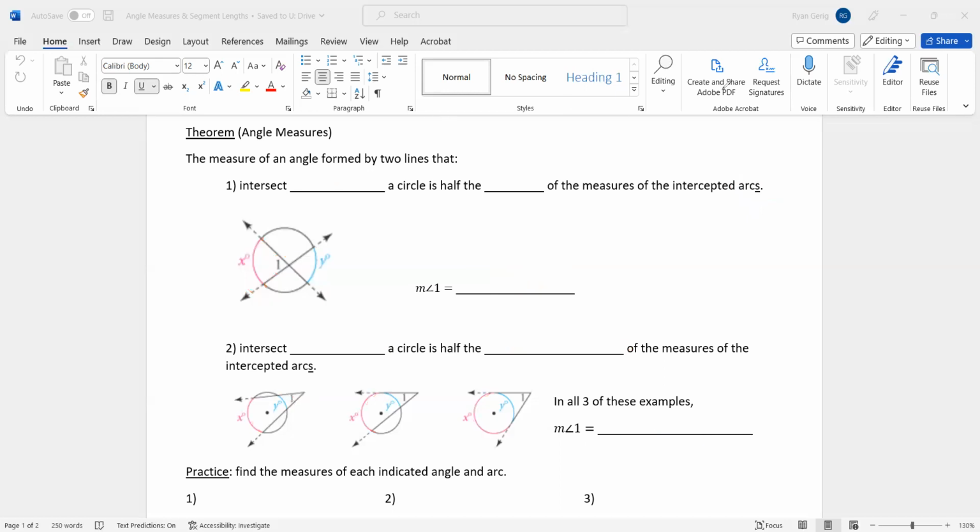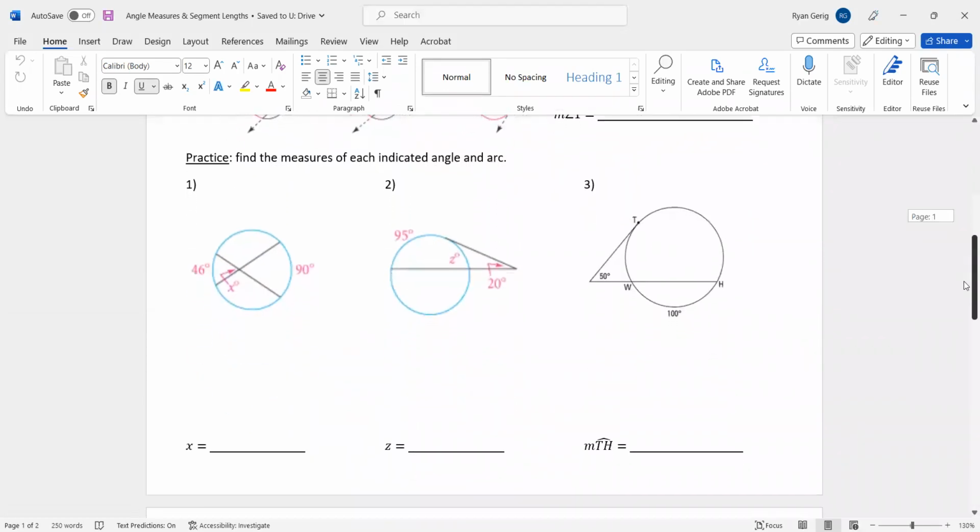Now we're going to go down and do some practice. Find the measure of each indicated arc or angle. Pretty basic number 1. First thing you want to look at is where is the intersection? Outside, inside. And when we get to the test, it's going to be outside, inside, on the center, or on the circle. This one is inside the circle, not on the center.